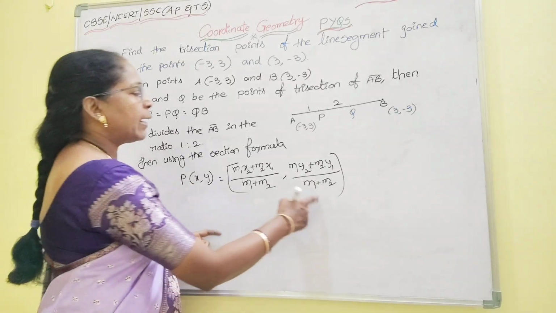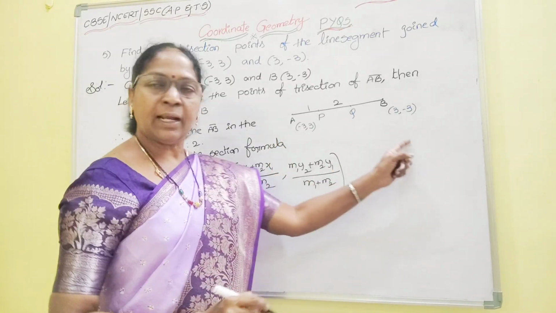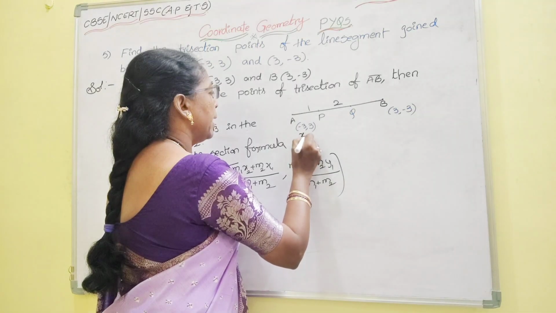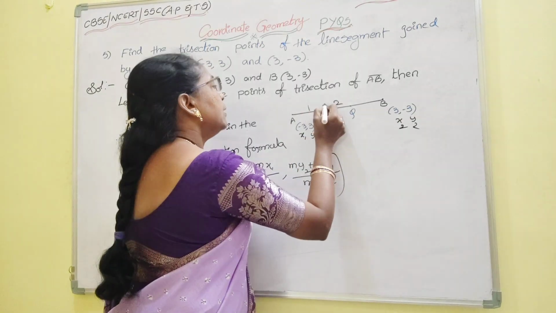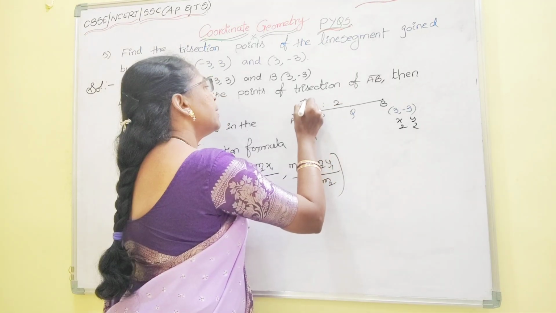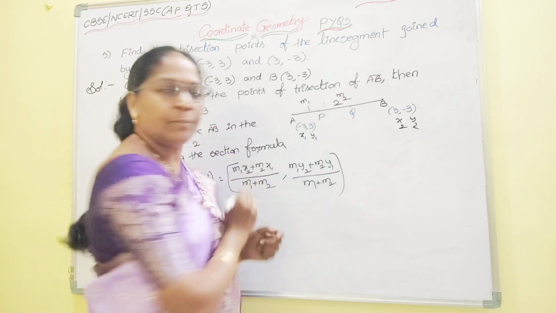Now substitute the values in this formula. Here A and B values, you have to represent as x1, y1, x2, y2. This is divided 1:2, so this one is m1 and this one is m2.